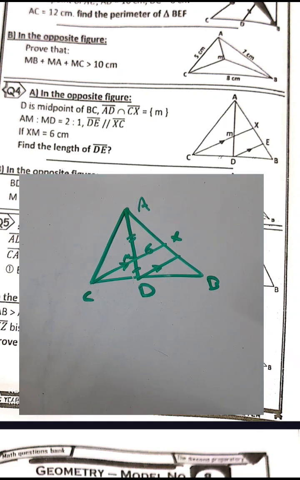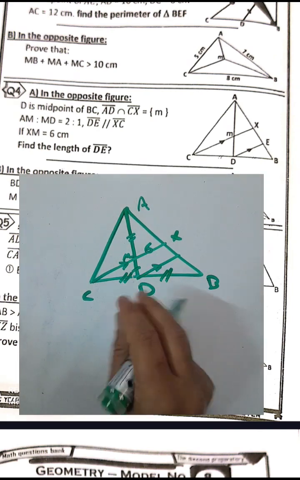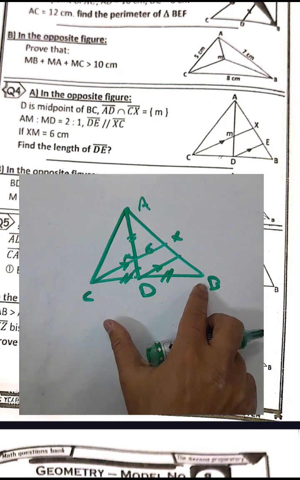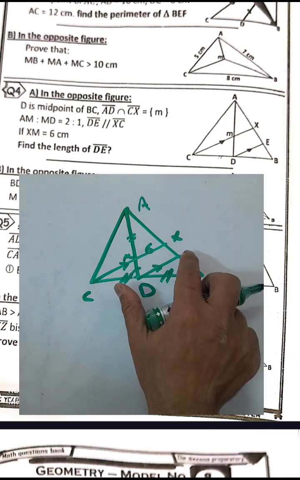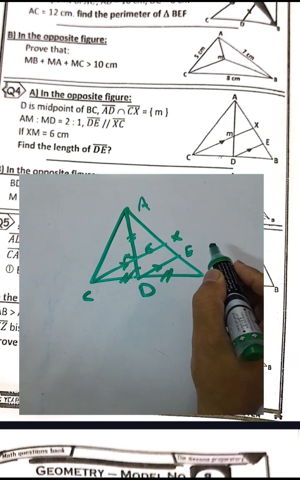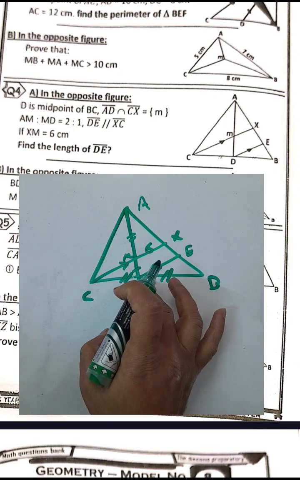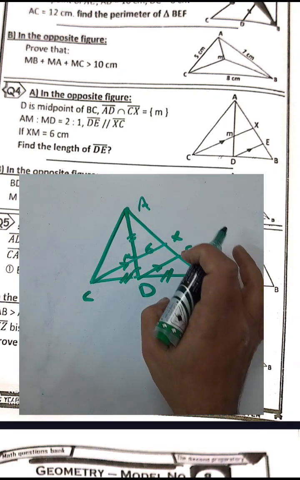D is the midpoint of the base. Then we can write the ratio between BD and DC, and BE and EA. BD over DC will be BE to EA.